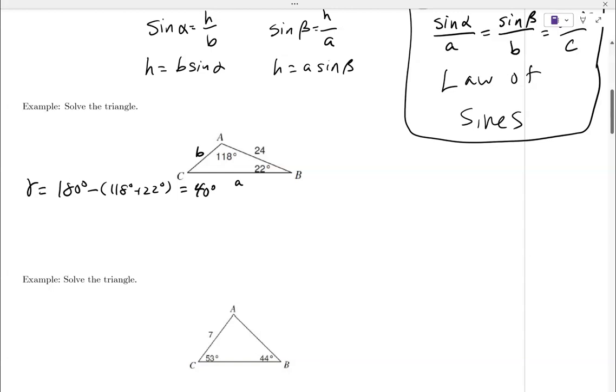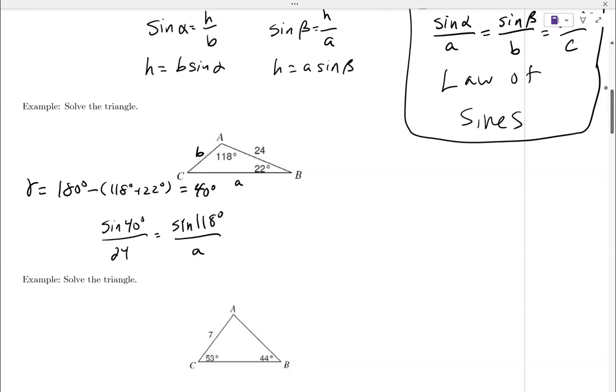All right, so let's go over here. Let's say you wanted to figure out A first. What equation could you set up to get A? Good.